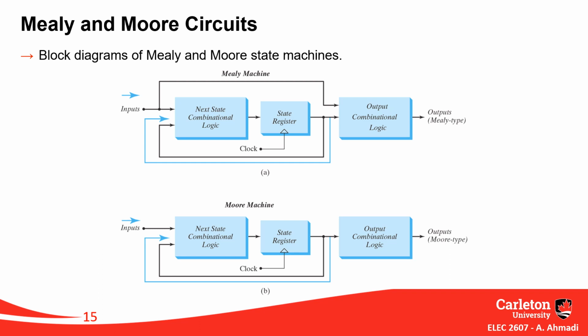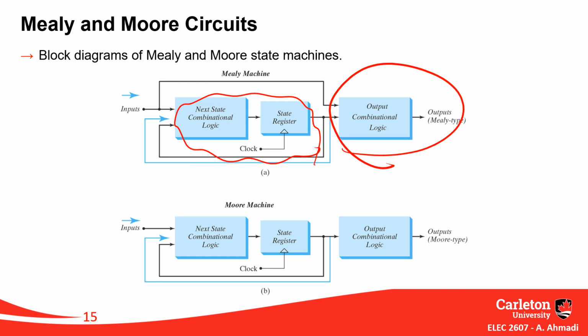Basically, looking at Mealy and Moore circuits, you can say if you have a Mealy circuit, your output is a combination of state values, content of your flip-flops, and combined in a combinational logic with inputs.